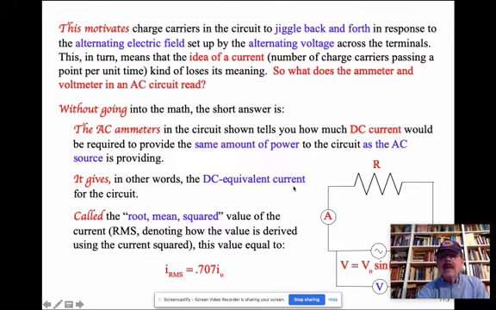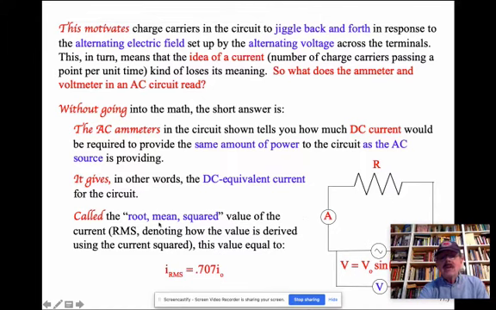So if the current's acting like a sine wave, there are times when there's no current, there are times when it's maximum, then there's maximum going the other way, etc. If you take the maximum current that flows, and you take 0.707, and I'm not showing you the math, but this is where it comes out to be. If you take the square root of the mean of the square of the current, and the reason you're doing that is because the square of the current is related to power, I squared R, and that's what you're interested in, is power.